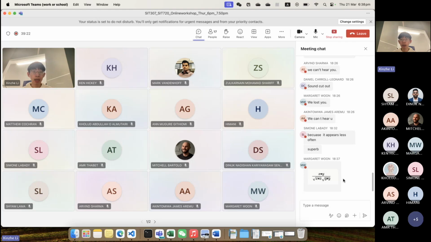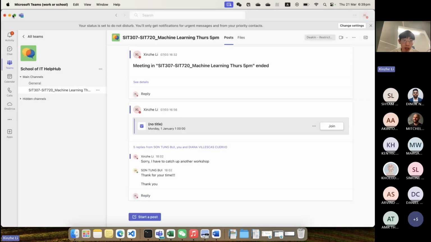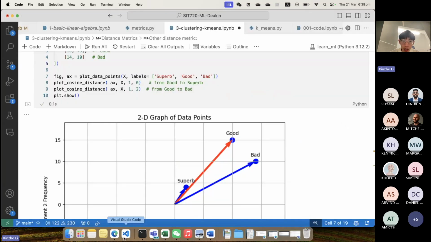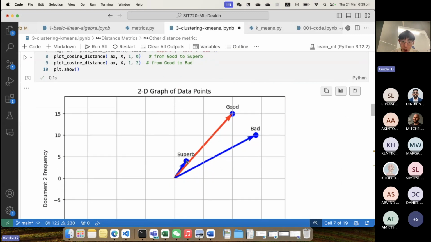I just want to give you guys a more intuitive understanding of this equation. In this x dot product y, you are correct, it's dot product. X and y are vectors. I don't like to use the word matrix because here it is just one dot product, so it should be a vector. Take the example here. I have super and I have good.